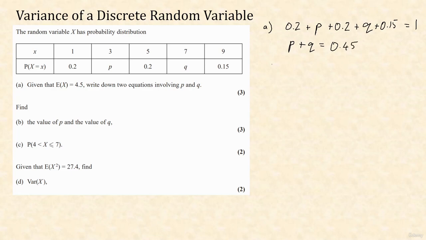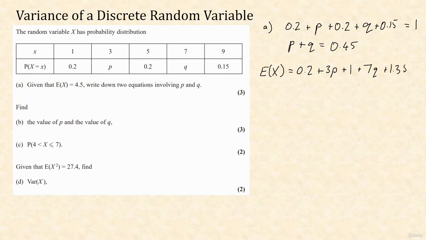Now I also know that the expectation is 4.5. Now what is the expectation in terms of the variables we've got? Well, it's 1 times 0.2 plus 3 times p plus 5 times 0.2, which is 1, plus 7 times q, plus 9 times 0.15, which is 1.35.